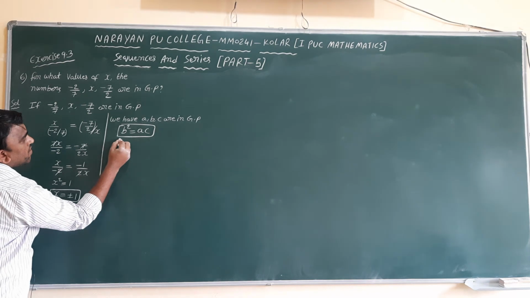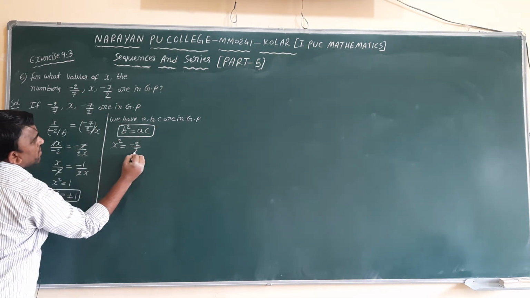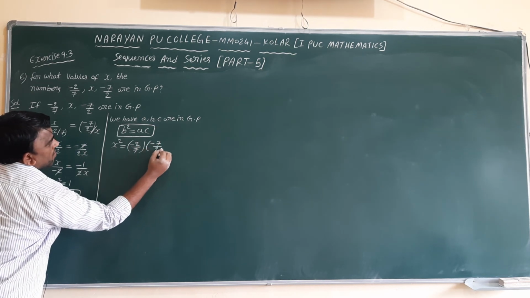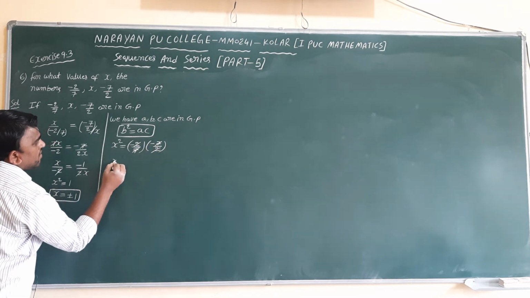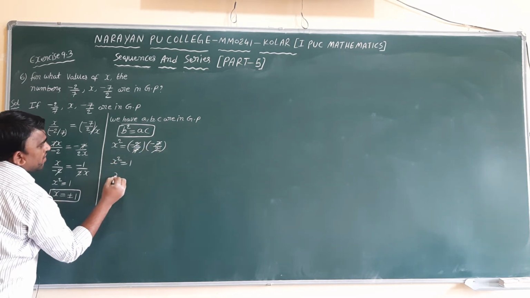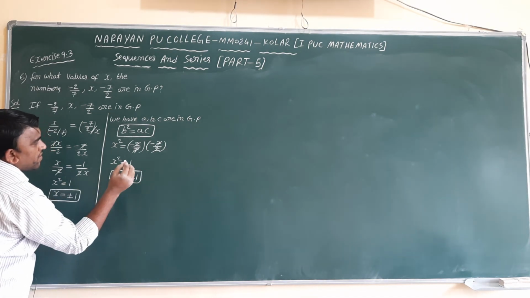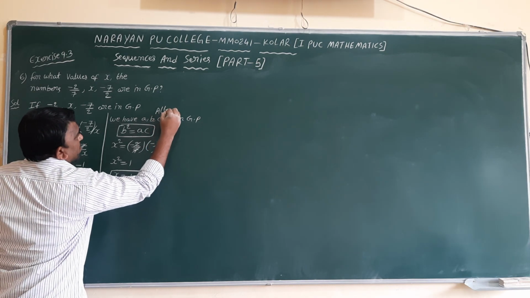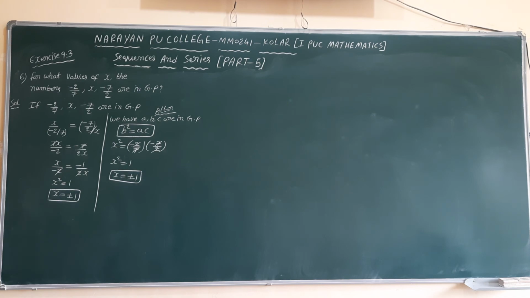So x square equal to A into C, minus 2 by 7 into minus 7 by 2. 2, 7 cancelled, x square equal to 1, x equal to plus or minus 1 we need to take. Very, very important. This is the alternative method. You can do it in any manner, either this one or this one you can follow.